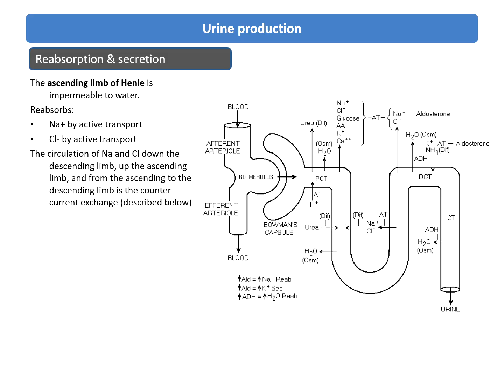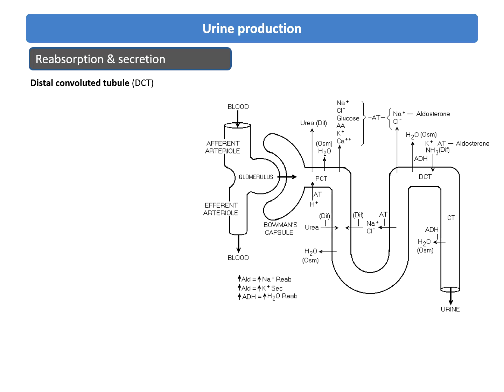The circulation of sodium and chloride down the descending limb, up the ascending limb, and from the ascending limb to the descending limb is a countercurrent exchange mechanism. We'll describe that shortly.